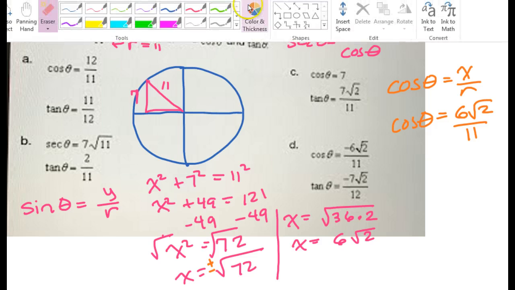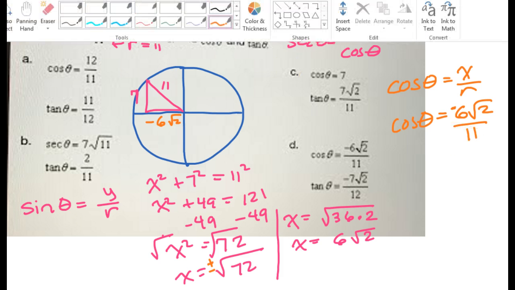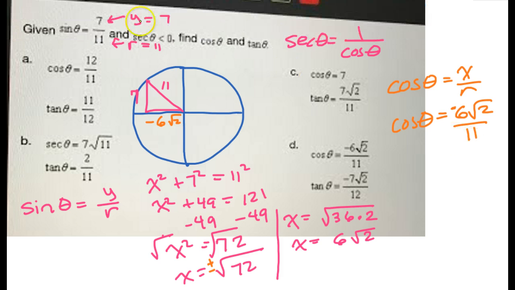So we can just go ahead and say negative 6 radical 2, because of being in the second quadrant. So this is negative 6 radical 2 over 11. So that's cosine.